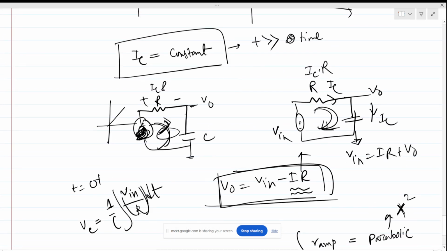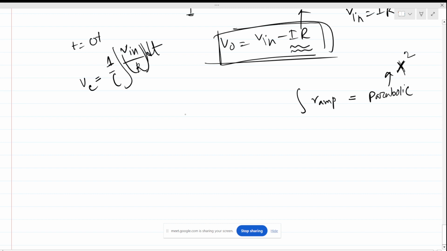Let me do it once. V in is also changing with respect to time. V in is nothing but, let's say, 1 into t. This is the ramp function.